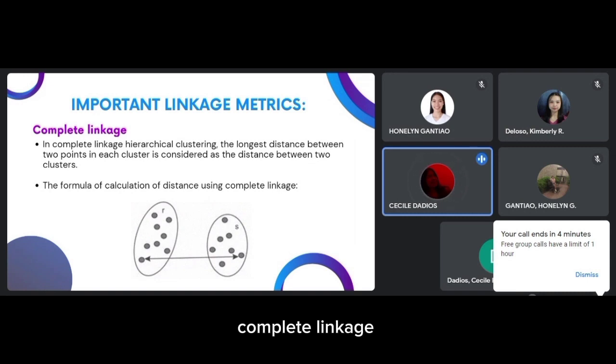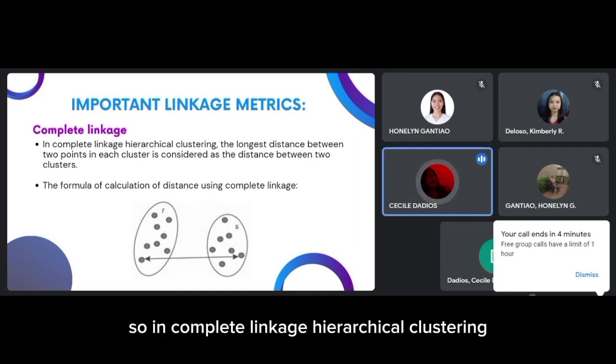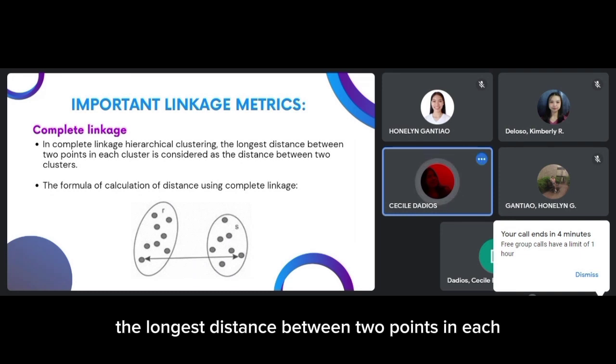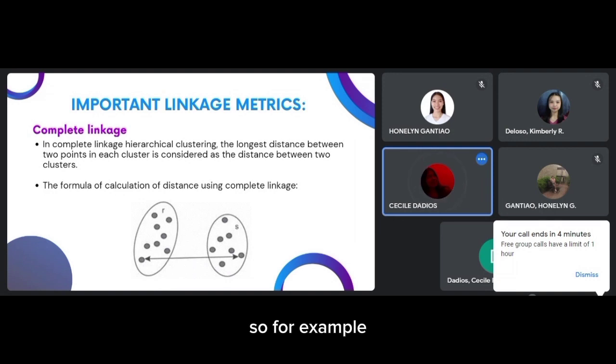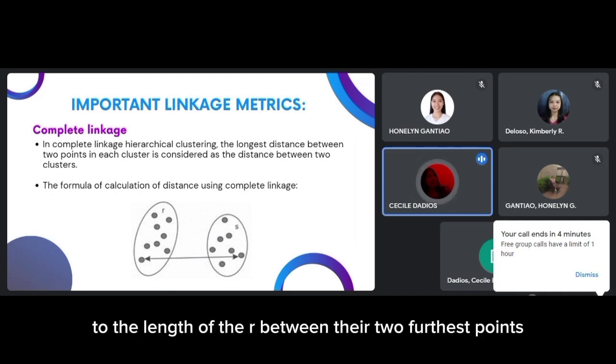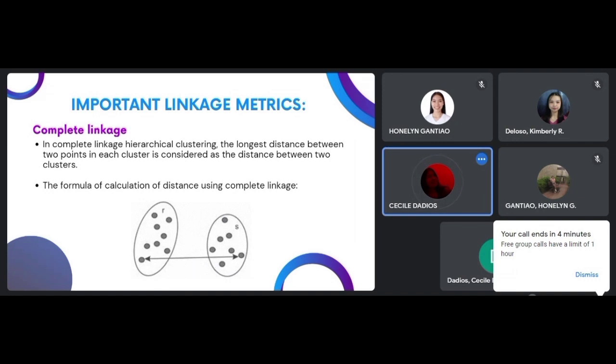Complete linkage. In complete linkage hierarchical clustering, the longest distance between 2 points in each cluster is considered as the distance between the two clusters. For example, the distance between clusters R and S is equal to the length of the arrow between their two farthest points, as shown in this figure.